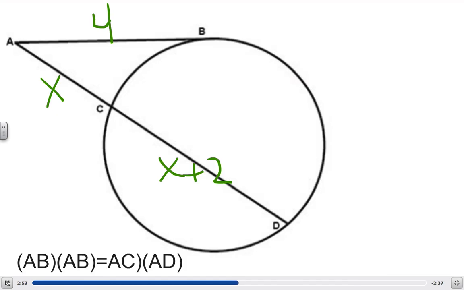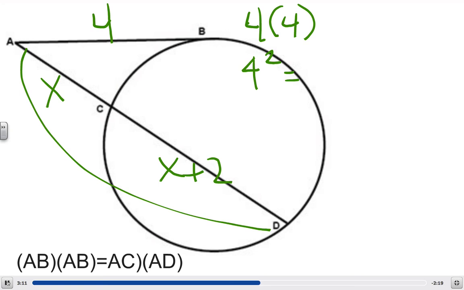Here we have our tangent line having a measurement of 4, and so we can have 4 times 4, or 4 squared, is going to be equal to the measure of our entire secant line.